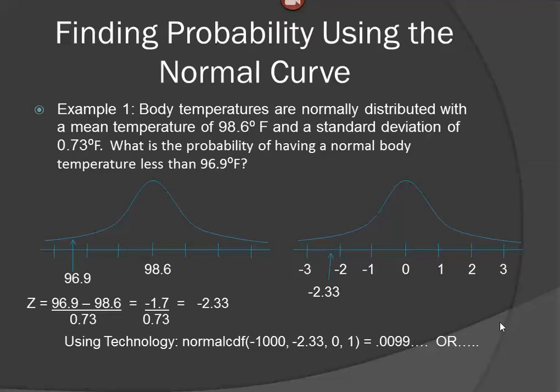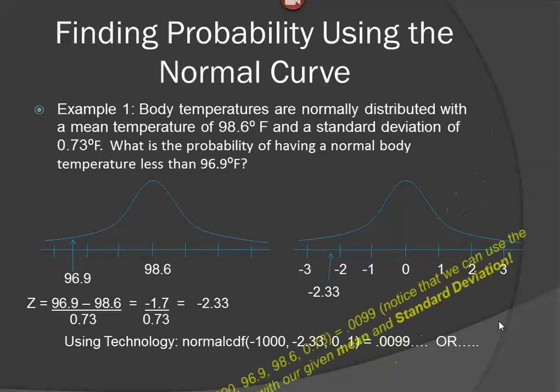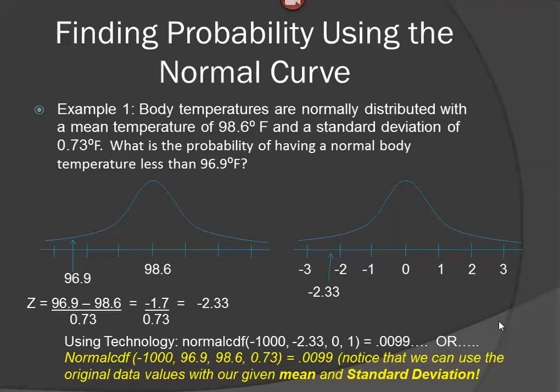Now, the other way that's a lot easier for us, again with our technology, is to actually use our data values. So use this curve. Because in the technology, we can actually plug in the mean amount and plug in the standard deviation amount of the actual data, and it will give us the same area that we would have gotten had we translated them into z values.